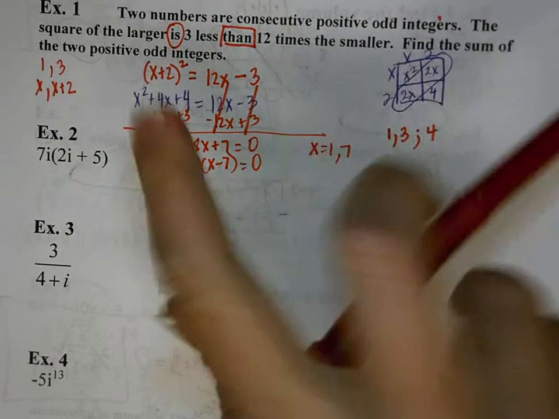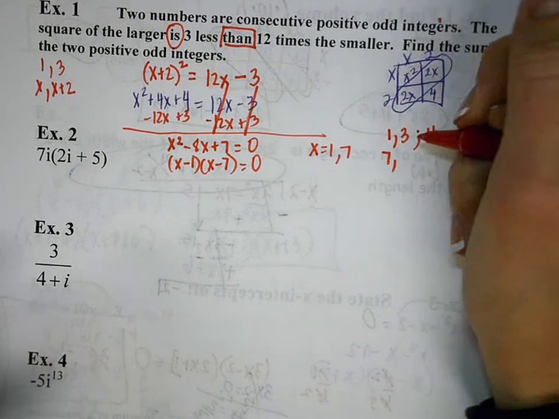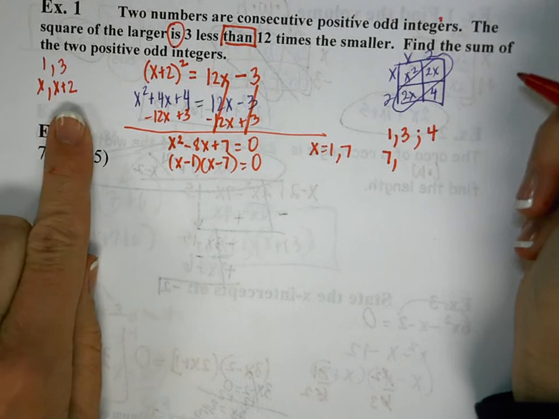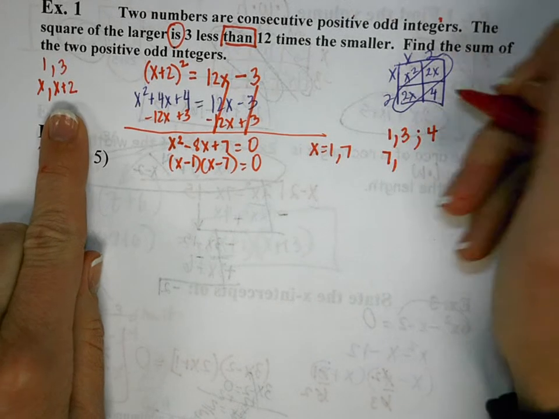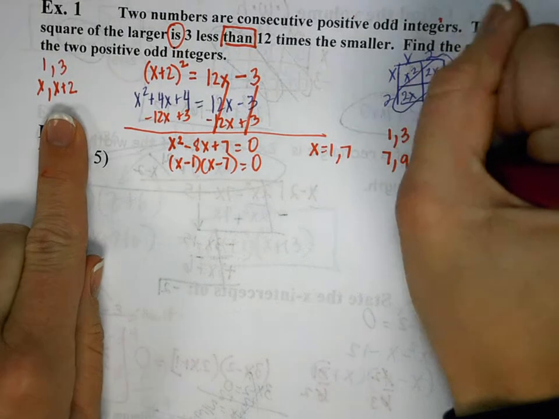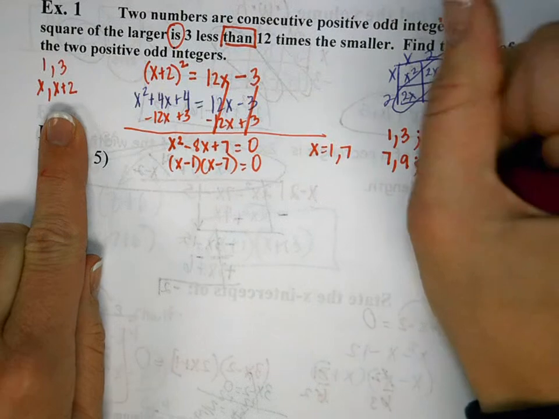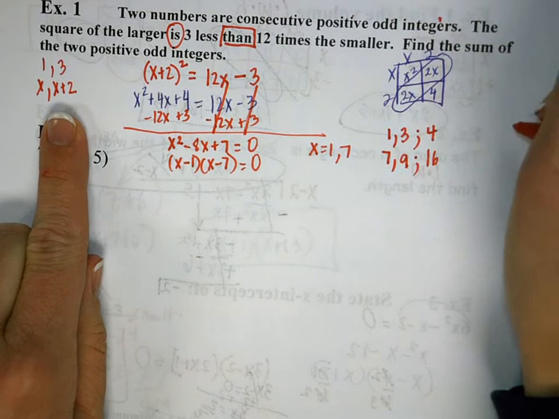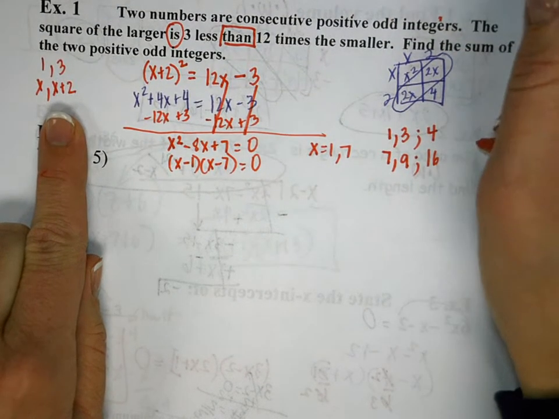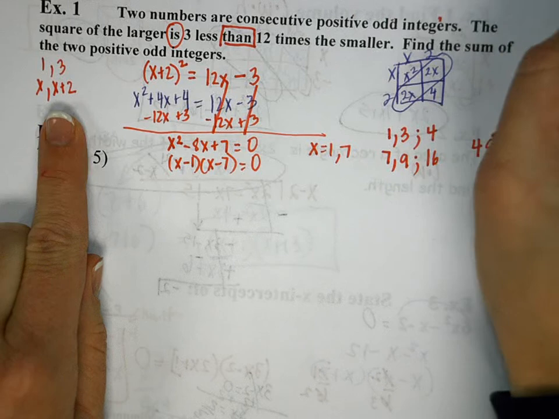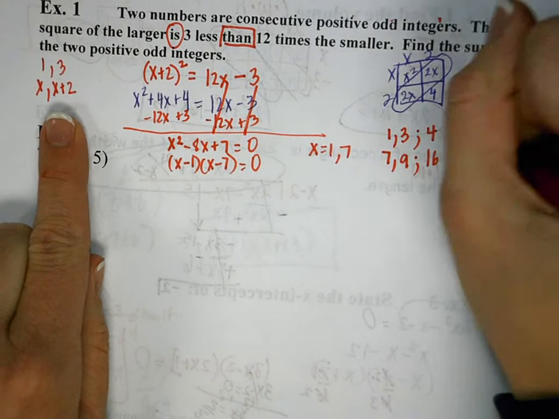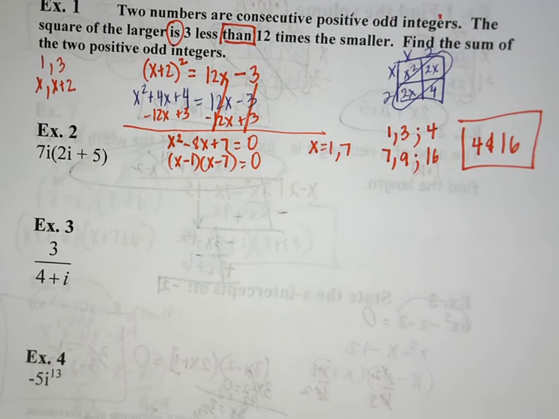Okay, we have 7. So if x is 7, if we plug 7 in for x, my other number will be 9. And if we add those together, that equals what? 16. Okay, so I have two answers for this problem, and it's 4 and 16, because those are my two sums for my numbers.